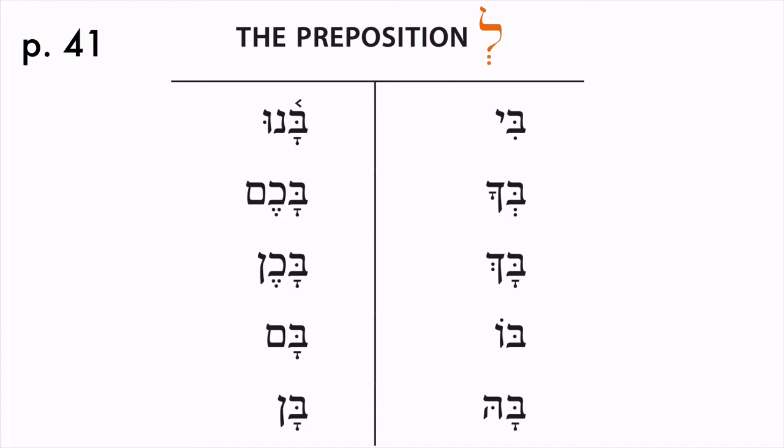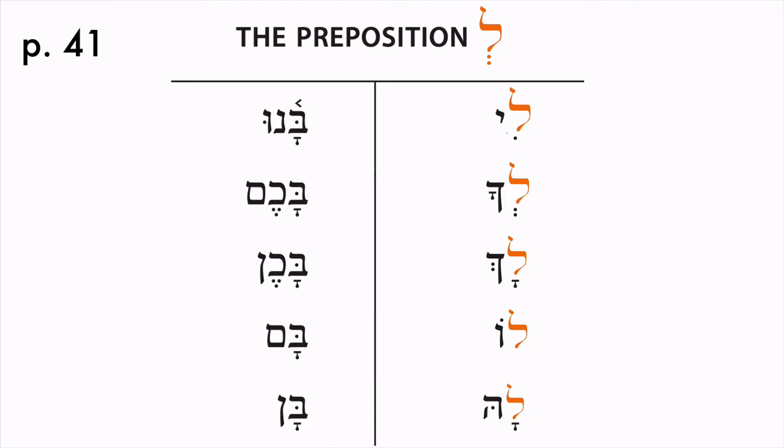This chart serves for combining the preposition l with the pronominal suffixes. All we have to do is put l right in all the places where we had b. So li is to me, laka is to you, lach to you feminine, lo to him, la to her. And I'm going to continue to go through these because there's going to be just one wrinkle.